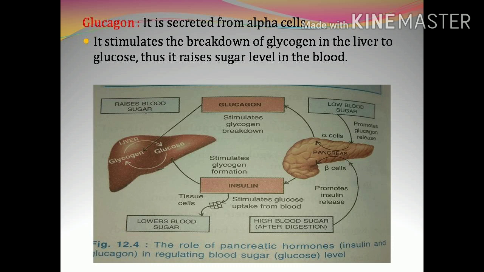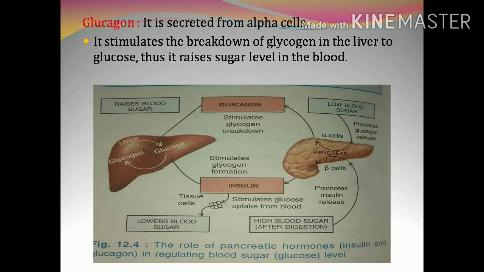Here insulin stimulates the cells to convert excess glucose to glycogen, and at the same time, if the sugar level decreases in our blood, this glucagon hormone converts the glycogen into glucose to some extent. So, glucose is the soluble form, glycogen is the insoluble form. It is secreted from the alpha cells of the pancreas.